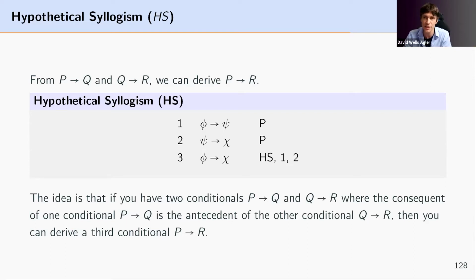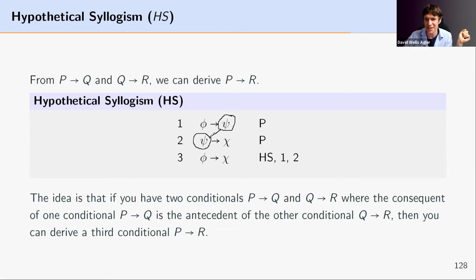Now, these conditionals can't be any conditionals. They have to be a conditional where the antecedent of one conditional is the consequent of another conditional. So if we take a look at the statement of hypothetical syllogism, we see this if-then statement, and you'll notice that the consequent of this conditional is the antecedent of this other conditional.